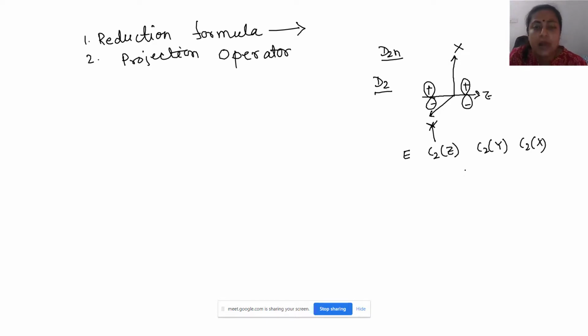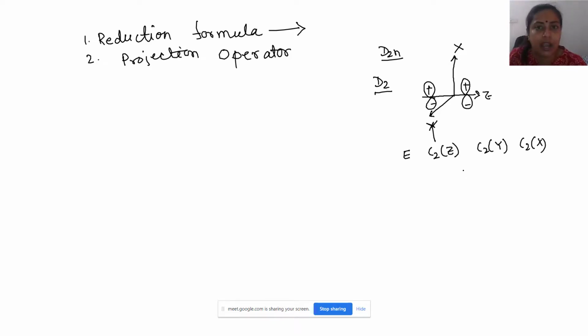This is obvious because if you are considering two orbitals phi 1 and phi 2, then they are going to transform as phi 1 or phi 2 respectively if they are unshifted. If phi 1 is shifted to phi 2 and phi 2 is shifted to phi 1, then the coefficient is going to come as 0 for phi 1 and 0 for phi 2.